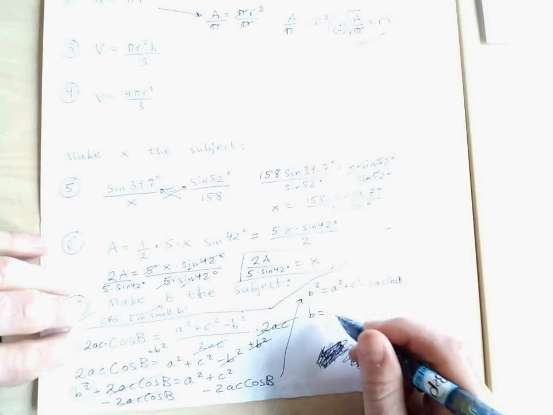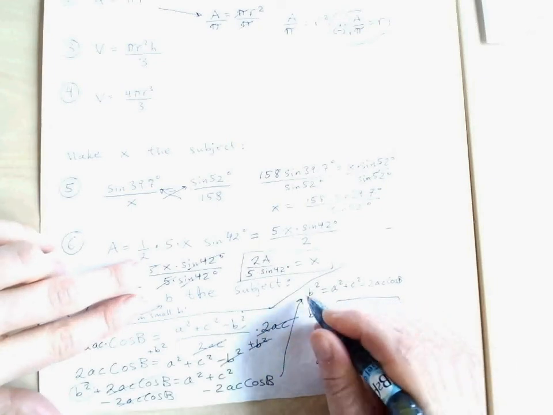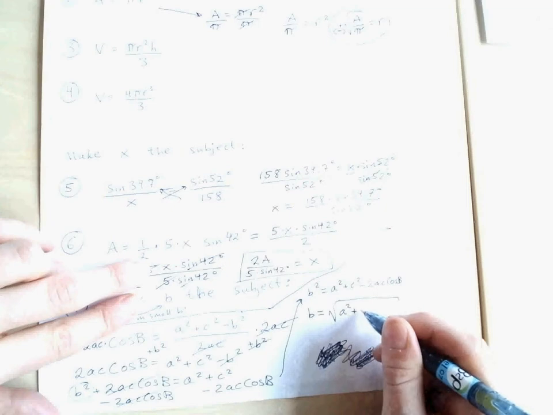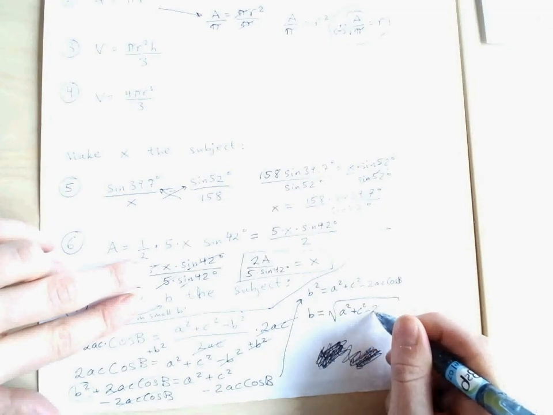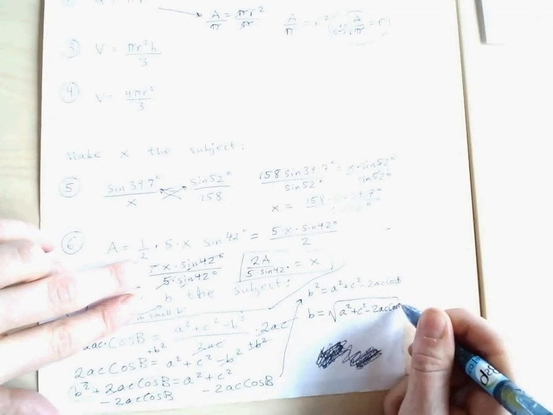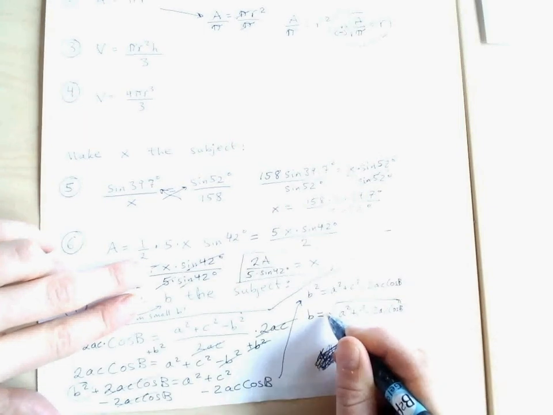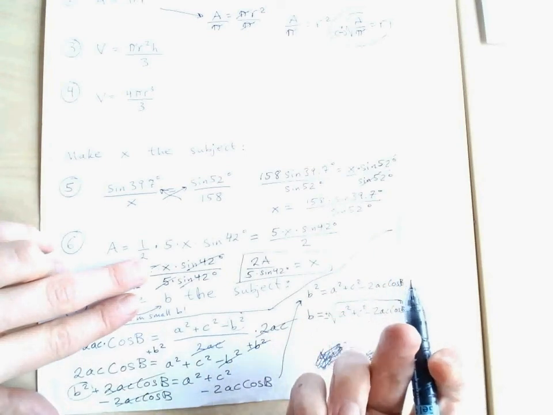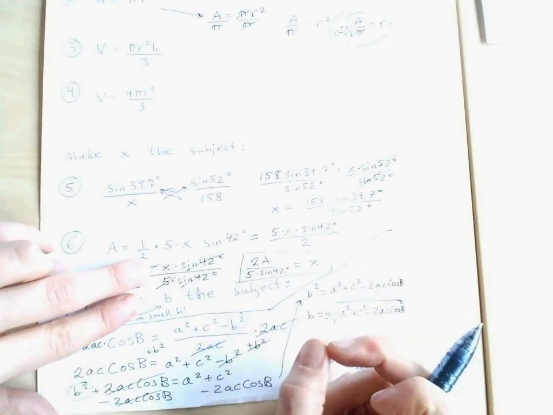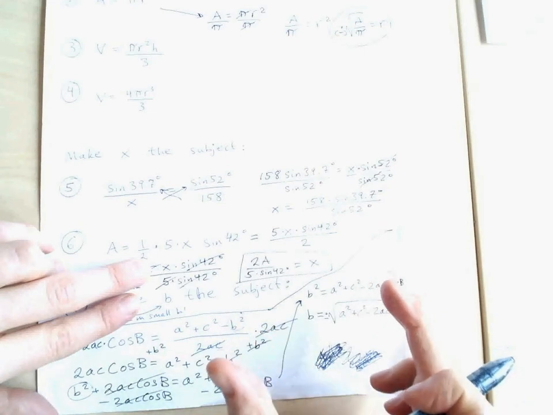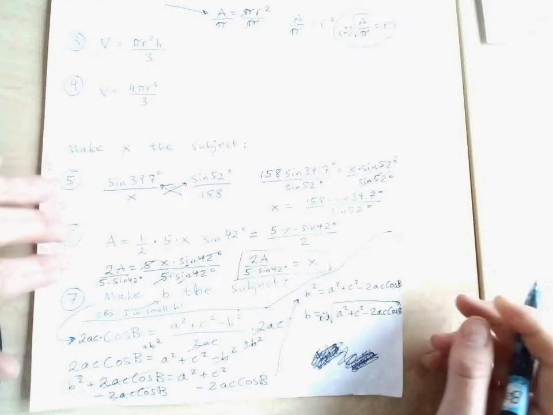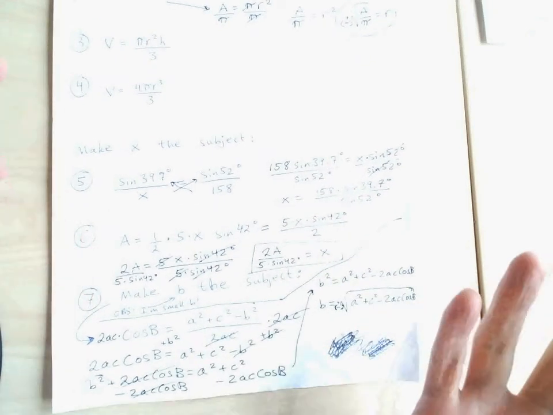So what we need to do is take the square root of both sides, and then we get the square root of a squared plus c squared minus 2ac cos b. Again, of course, I could write plus minus in front, but since b is a length, a side in a triangle, which cannot be negative, I put a big bracket around this, or you could just remove it in this case.